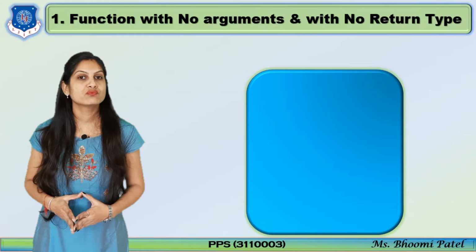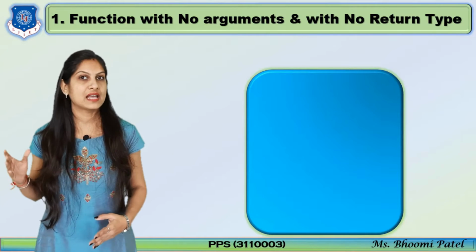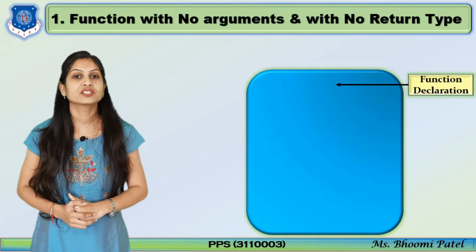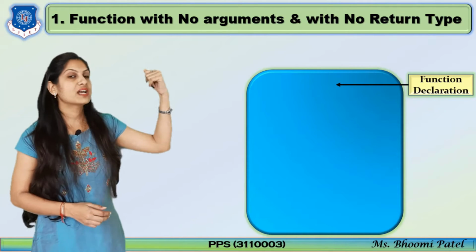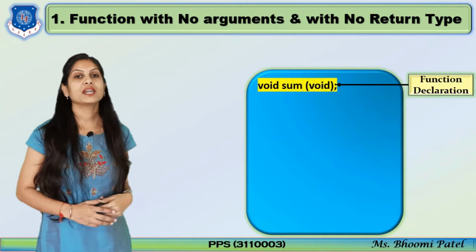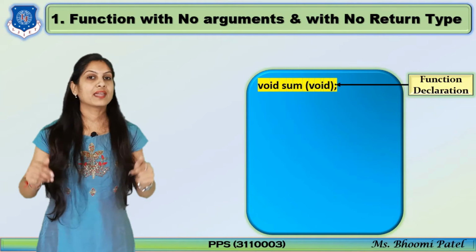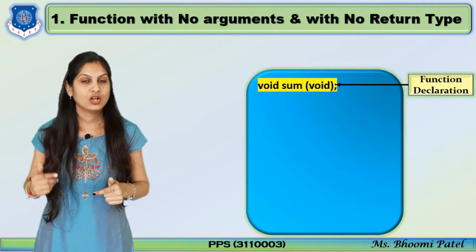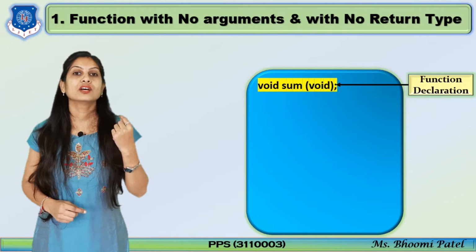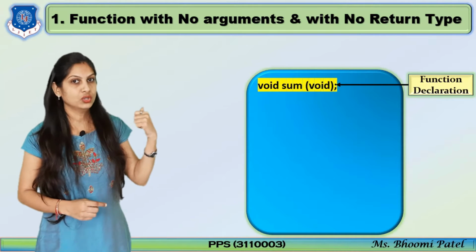For that, first we have to write the header file, that is #include <stdio.h>, and after that we have to write the function declaration. So here we are starting with the function declaration, that is void, then the function name is sum, and the brackets you can keep blank or write void, because the category is no argument, no return.